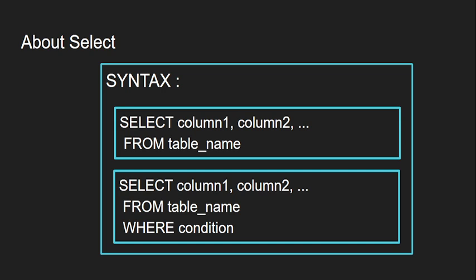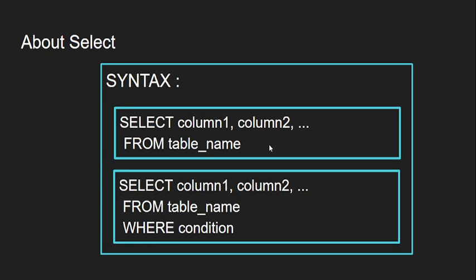In that case, you can write the asterisk sign in place of column names. The asterisk sign says retrieve all the data from a particular table. This is the simple query where I'm using the select statement to retrieve the data.